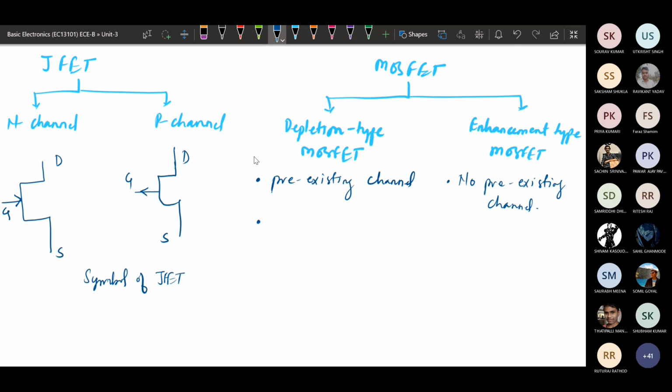It can work as a depletion mode, or it can also work as an enhancement mode.